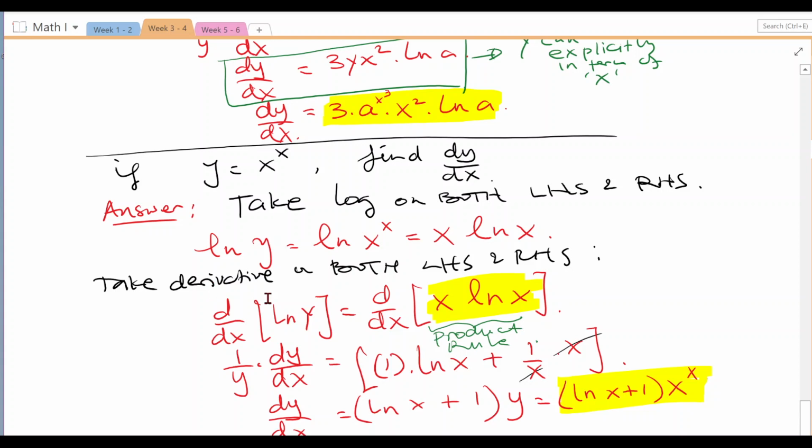And then we take the derivative of both sides, using the implicit approach. The derivative of the left hand side is the derivative of ln y with respect to x, and the right hand side becomes x times ln x.